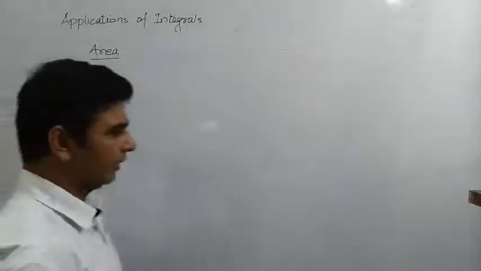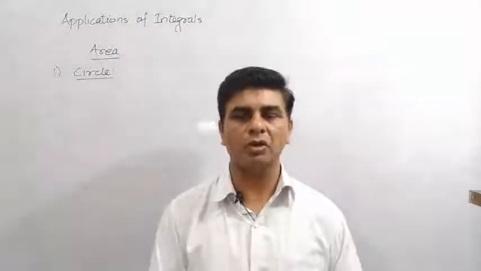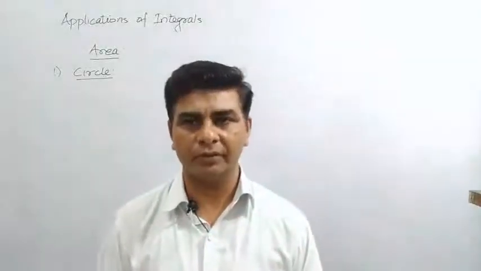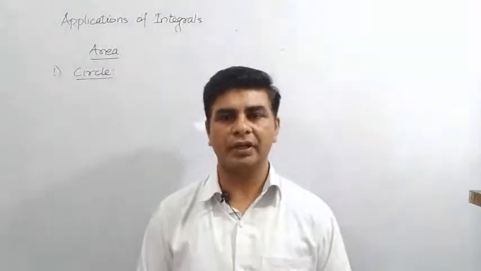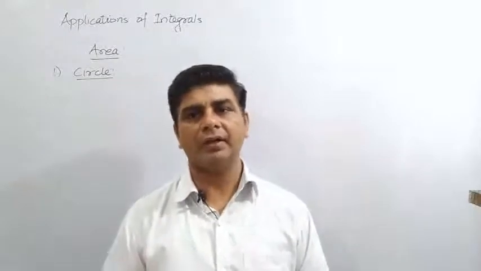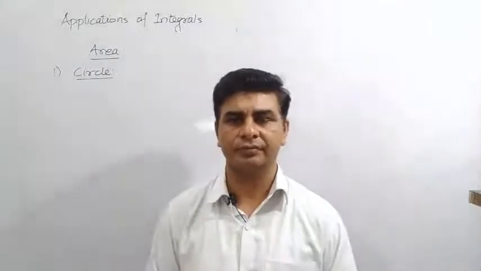You all very well know that the circle is the locus of all those points which are equidistant from a fixed point. This fixed point is known as the center of the circle, and the distance between this fixed point and the path followed by all the points is known as the radius.